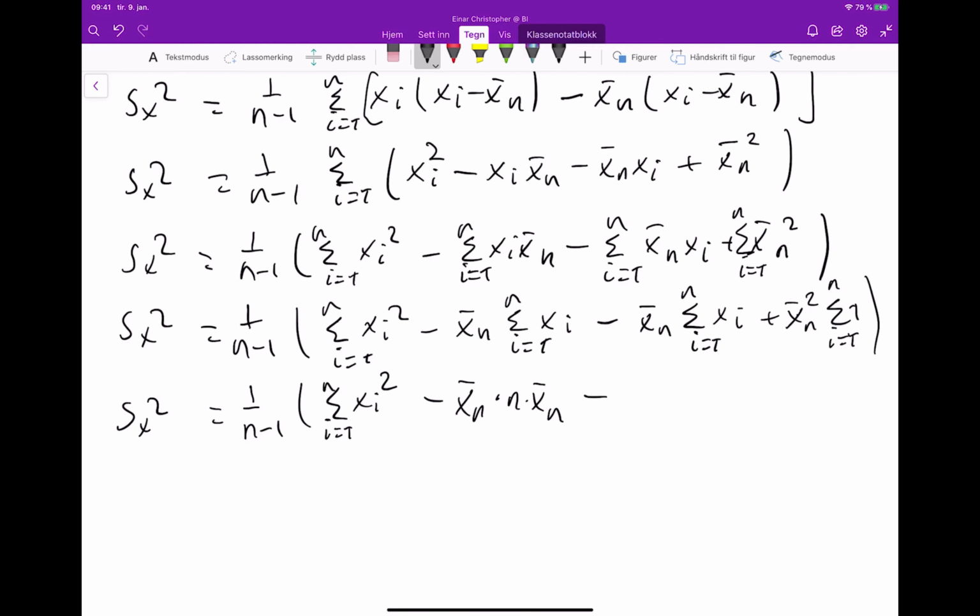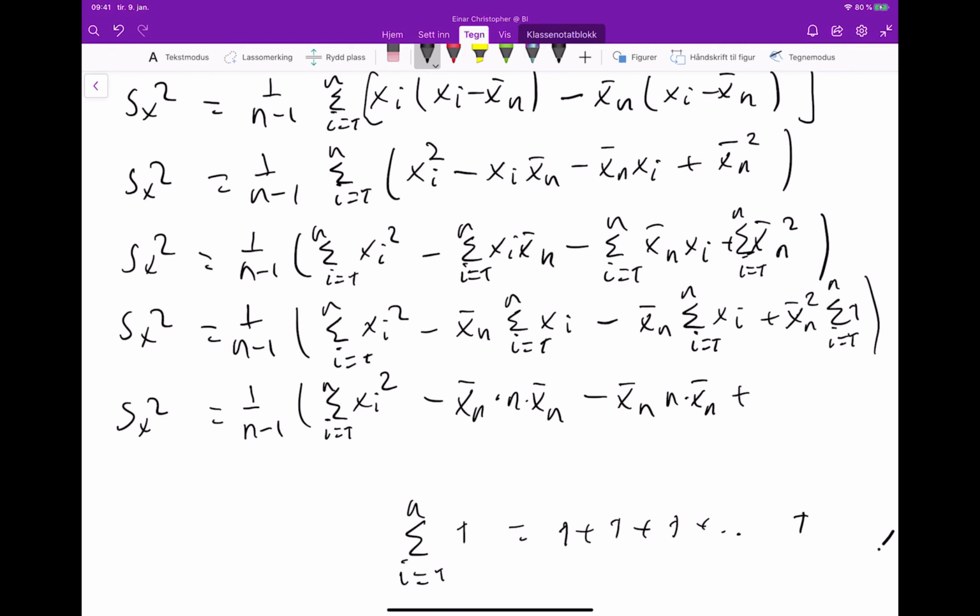And here too, minus x bar n, and I know that this sum is the same as n times x bar n, plus... And this last one, I can see that I should sum 1, so I just write it very fast here, sum i equal 1 to n. 1 is actually 1 plus 1 plus 1 plus 1, n times.